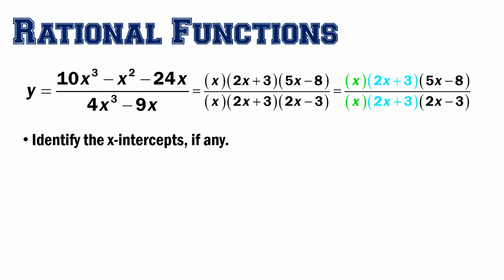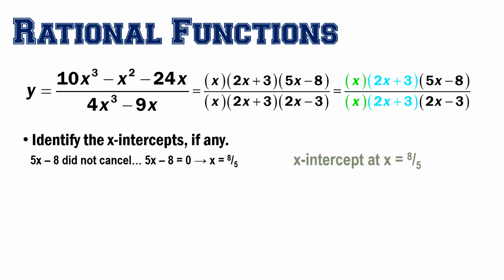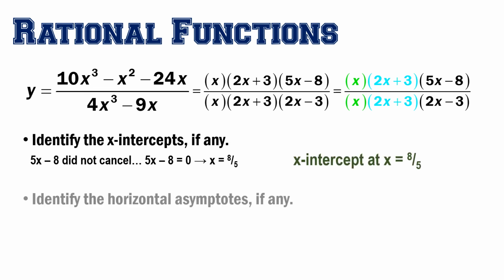X-intercepts occur when your numerator equals 0 while your denominator does not. And with 5x minus 8 in the numerator not canceling, we set that equal to 0, and we say that an x-intercept will occur when x equals 8/5. Horizontal asymptotes are all about end behaviors. End behaviors means we need to understand who the players are.